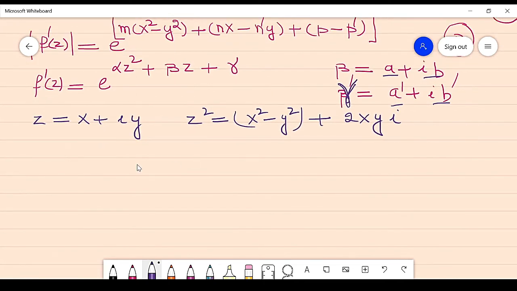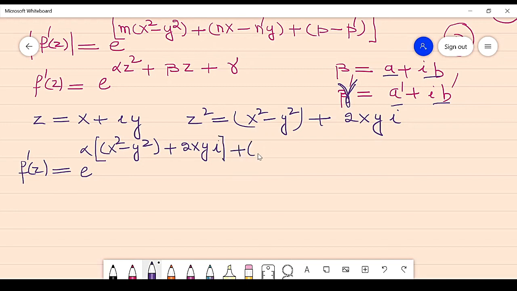Now substitute this value, we get f dash z equal to e raised to alpha times x square minus y square plus 2xy iota, number 1. Second, beta, which is a plus iota b, times z, which is x plus iota y, plus gamma, which is again a constant, a dash plus iota b dash.